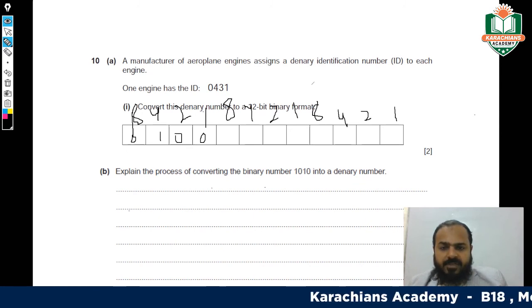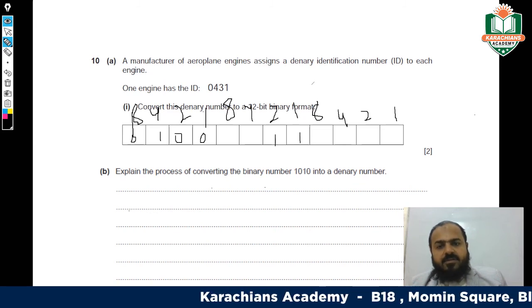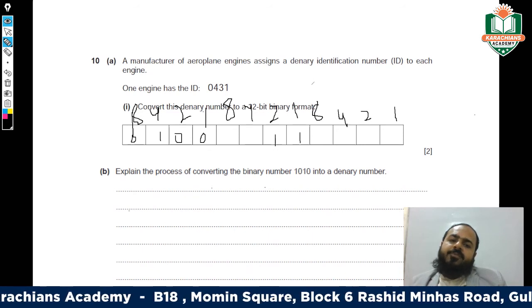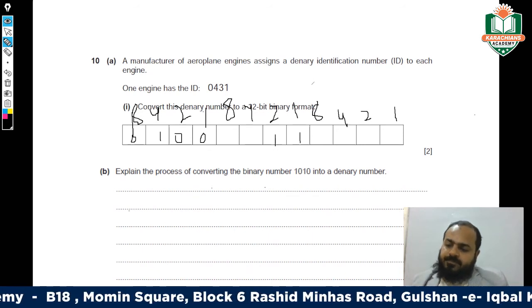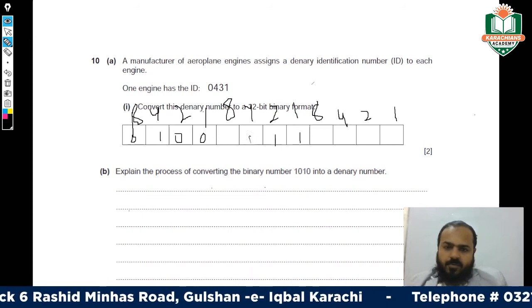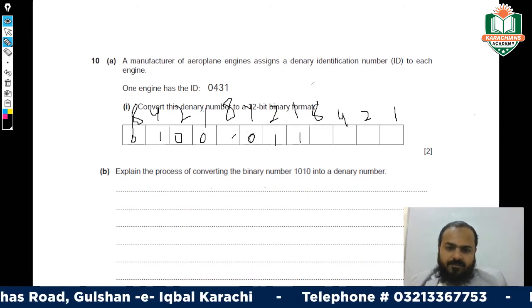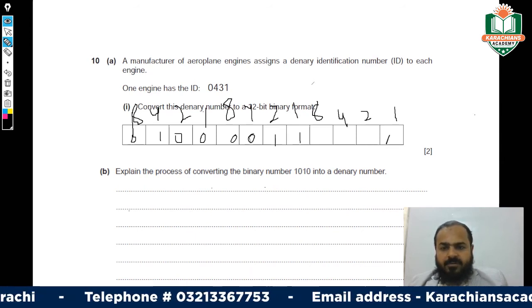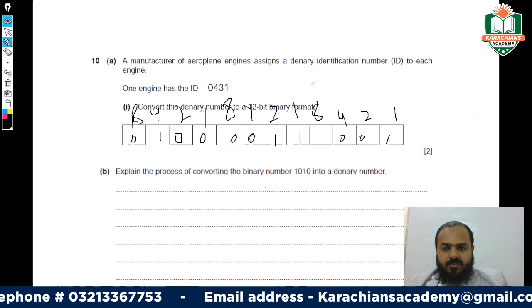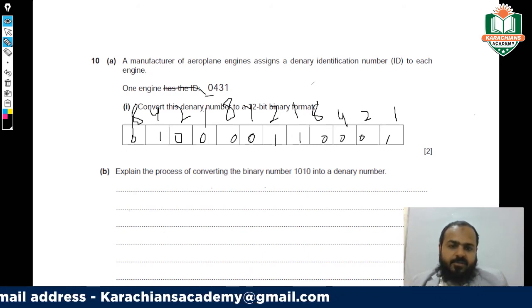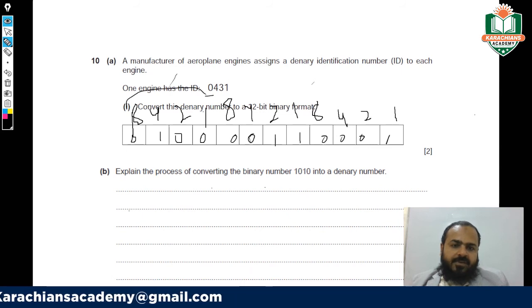So 2 and 1 are powered on, and 8 and 4 are off. Okay. And in the right one we have only 1 on. The rest of the bits are 0. And this last one depends on how many 0s you have. You will have 4 zeros in this last one.